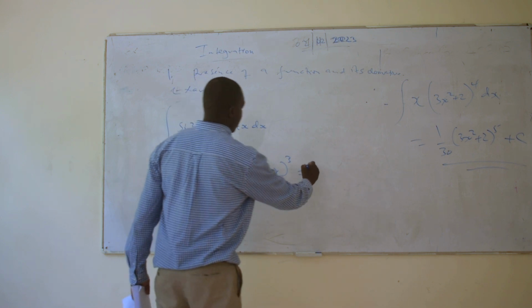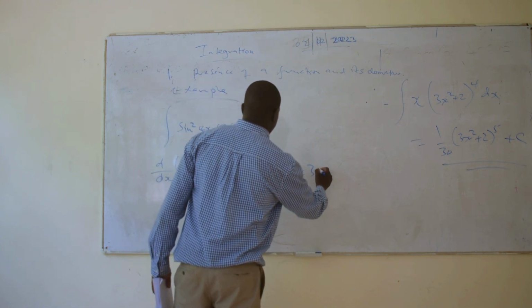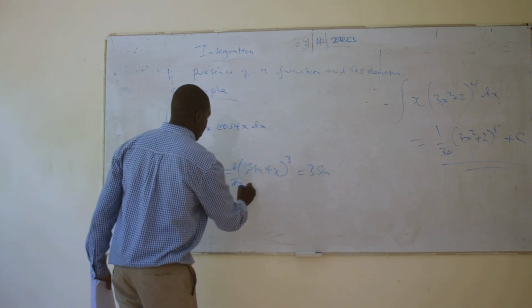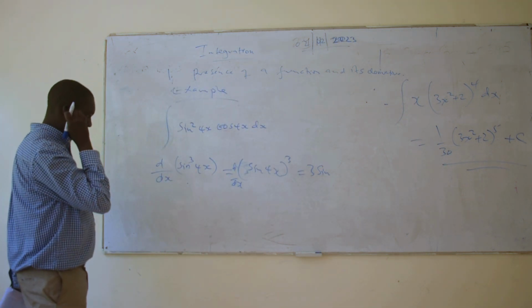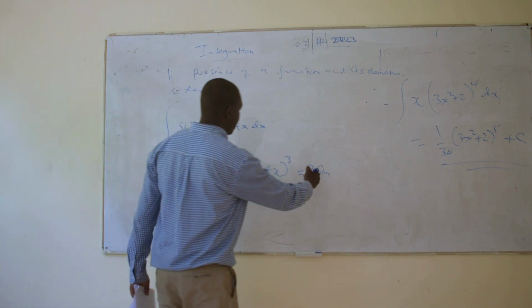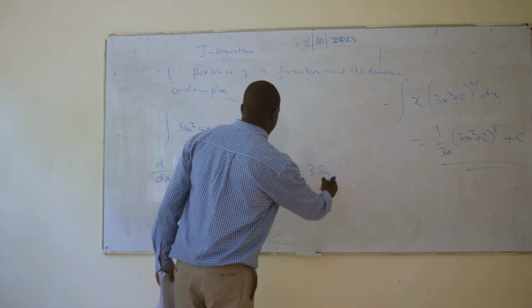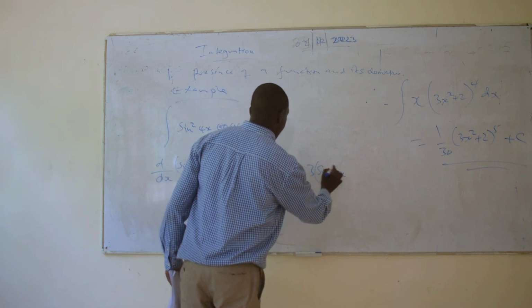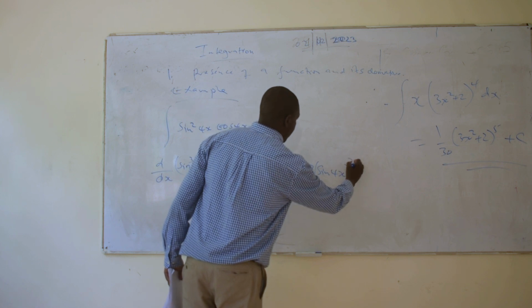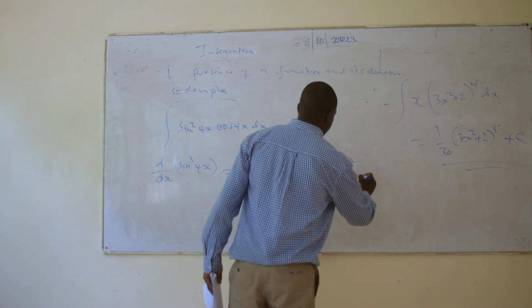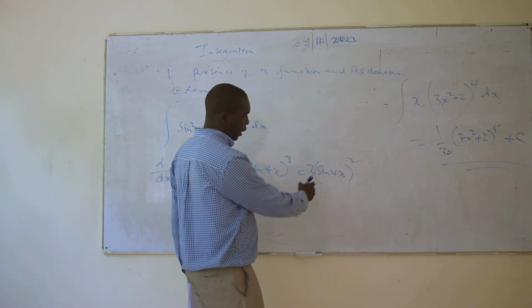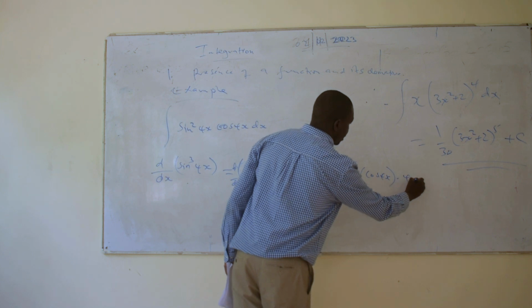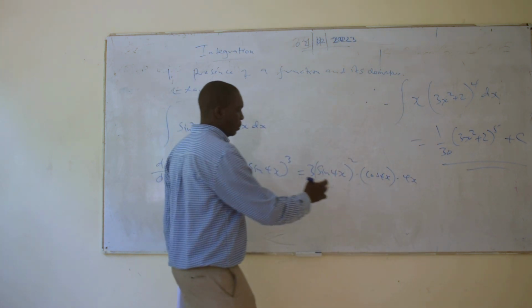That gives 3 sine squared 4x times the derivative of sine 4x, which is cos 4x times 4.